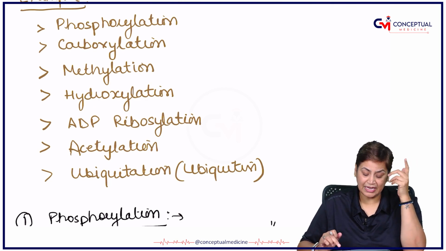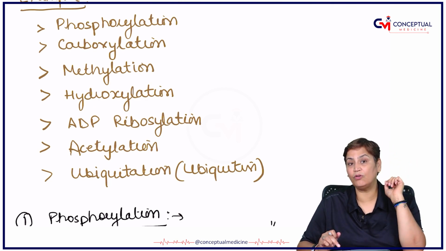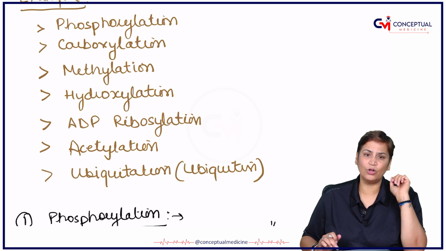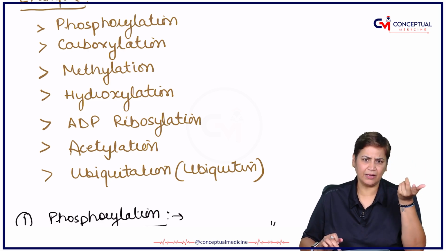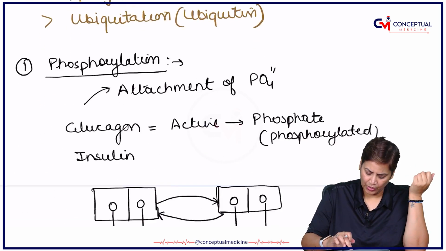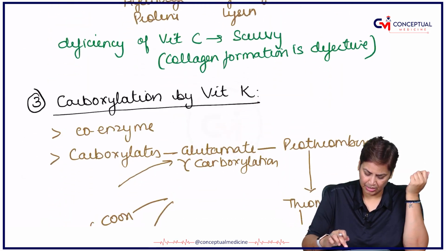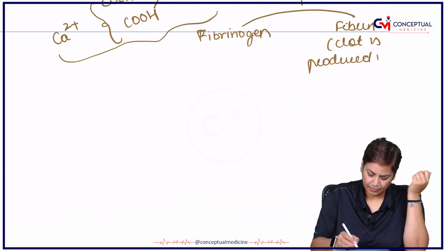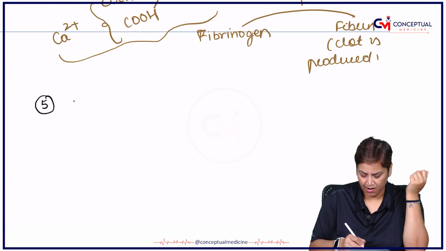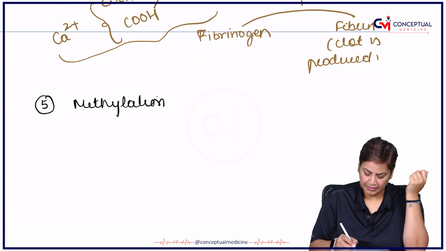Now what is this methylation? It is the addition of a methyl group, and this also helps in epigenetic modifications first of all. So I can simply write third, fourth, fifth. Methylation. Right?